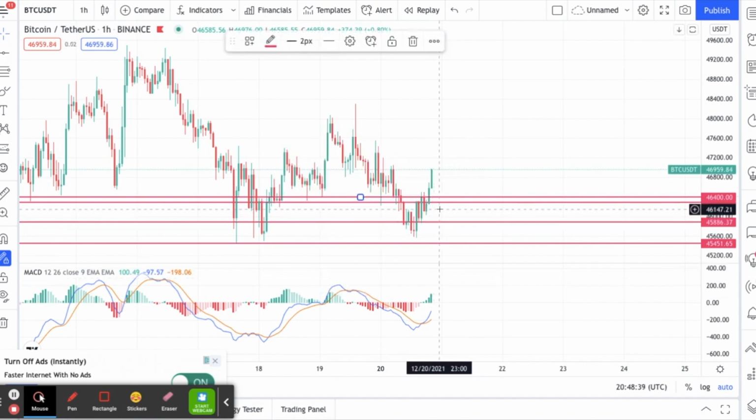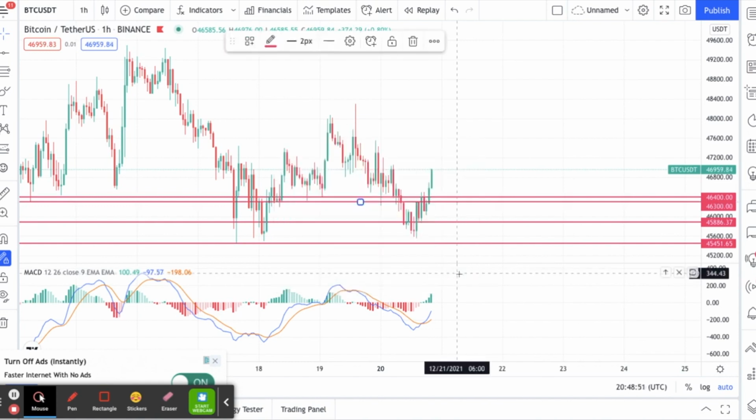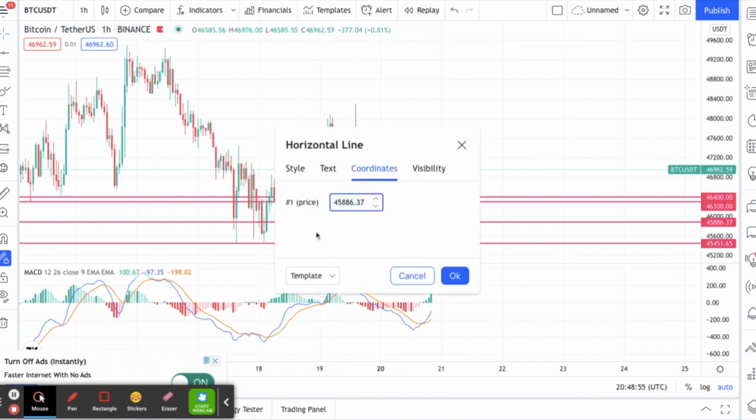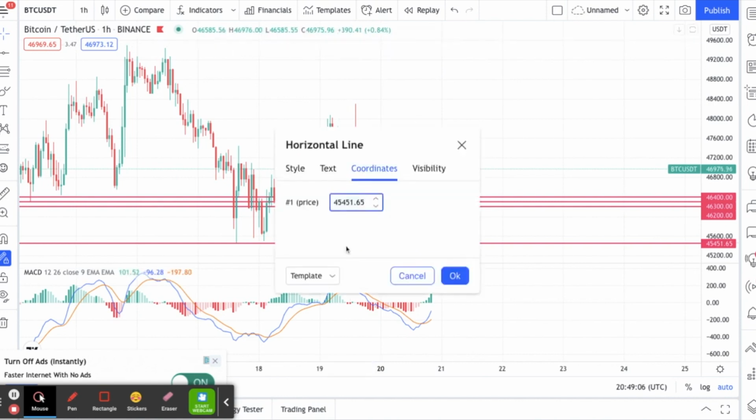The next one I'm going to make is 46.3. And then I'll do 46.2. So I'm going to need to go down in time frames.